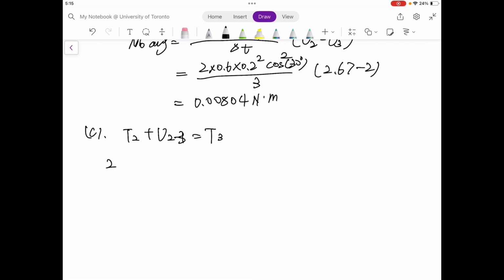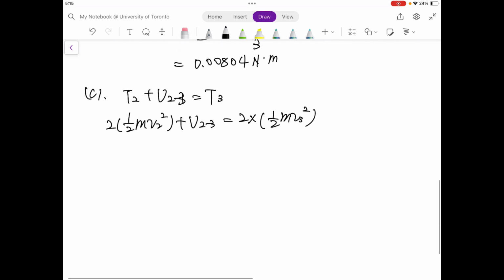T2 is equal to 2 times 1 over 2 mv2 square. T3 is equal to 2 times 1 over 2 mv3 square. U 2 to 3 is equal to m times v3 square minus v2 square.